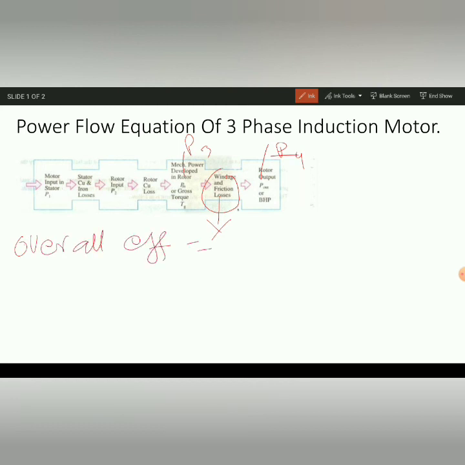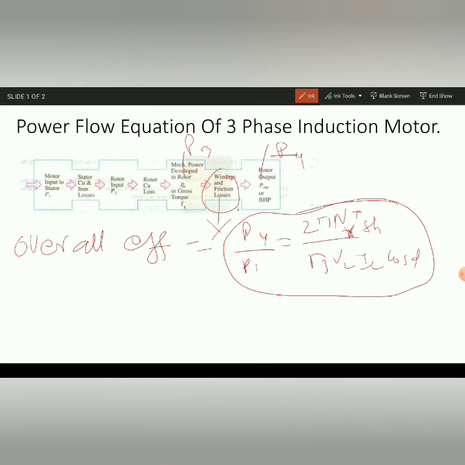The complete output is P4 and the input is P1. P4 is 2 pi n T, and P1 is root 3 VL IL cos phi. Here 2 pi n T uses the rotor speed and the shaft torque, because there will be a loss in the shaft. Once you find all this, you can easily find the efficiency.